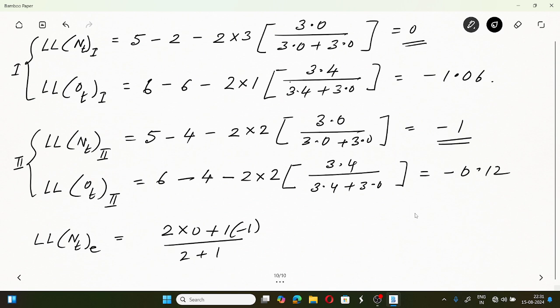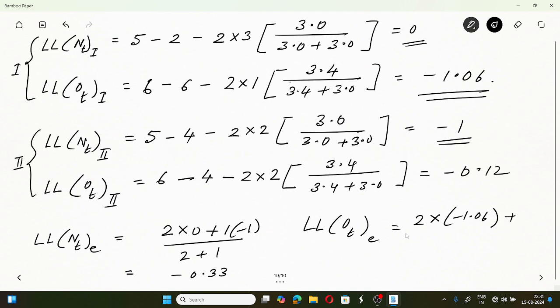divided by 2 plus 1. That means we are taking an average value. Since this has twice the contribution, we take 2 into 0, and since this has contribution 1, we take 1 into minus 1, divided by the total contribution 2 plus 1. So this value is minus 0.33. And the Lewis-Langmuir charge over the terminal oxygen in the equivalent structure: 2 into minus 1.06, since this has double contribution, plus 1 into minus 0.12, divided by 2 plus 1.